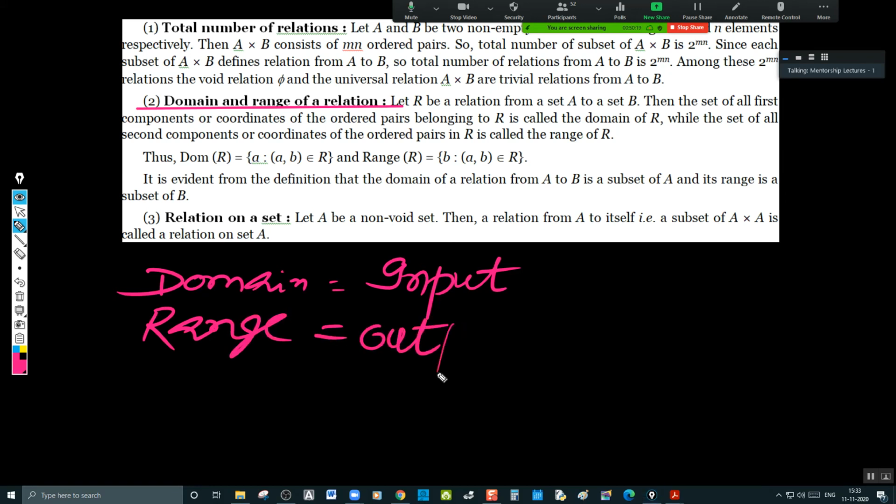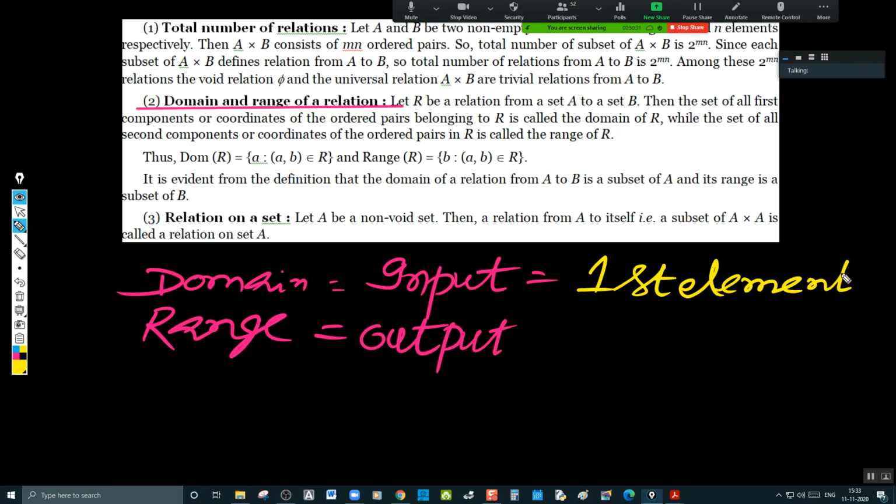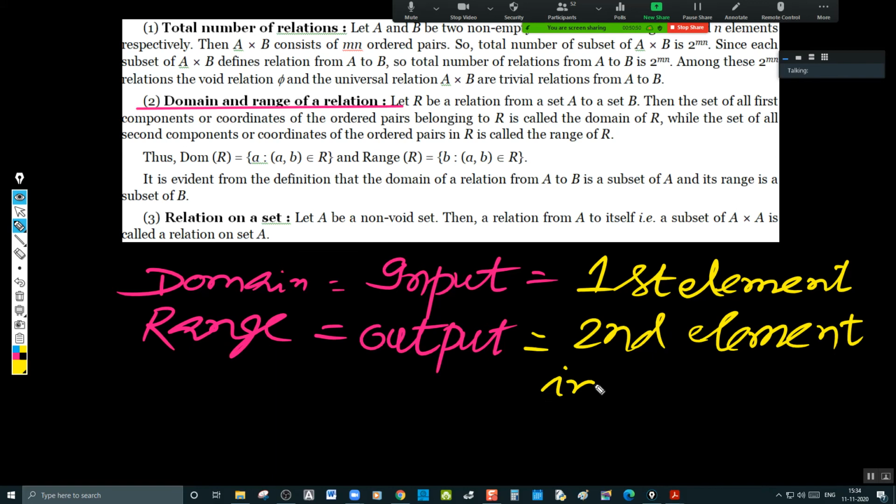Input means the first element, and range means the second element, in the ordered pair. Don't forget that.